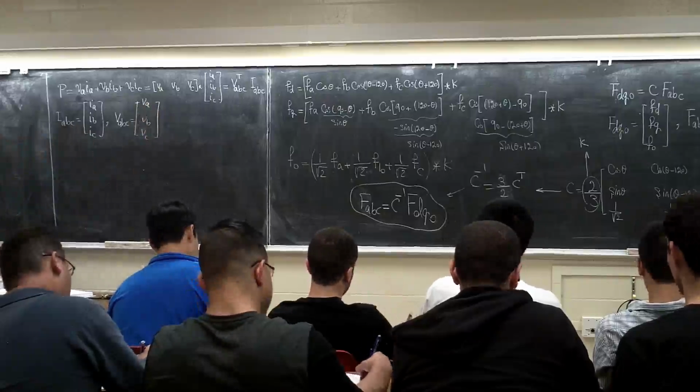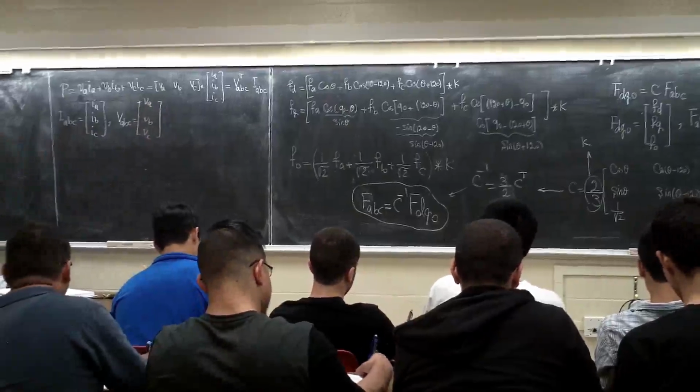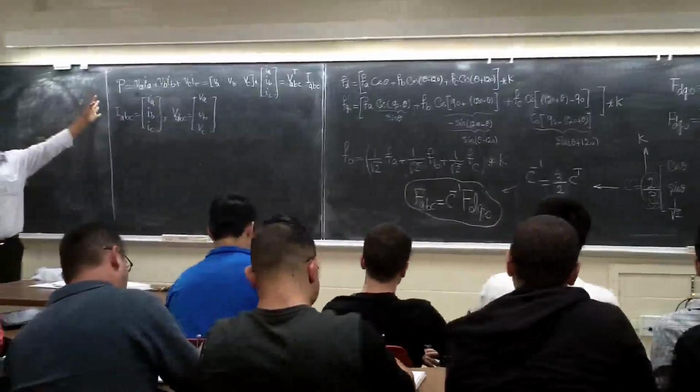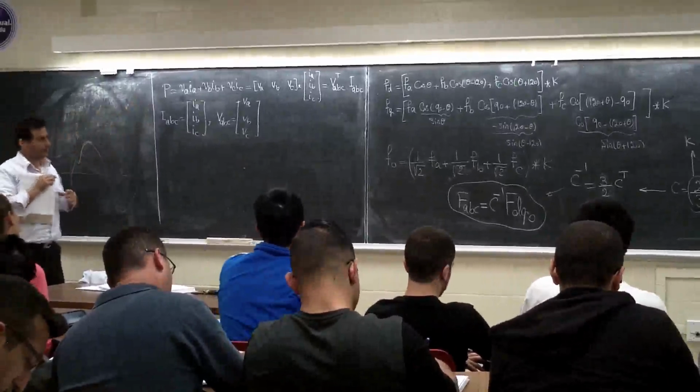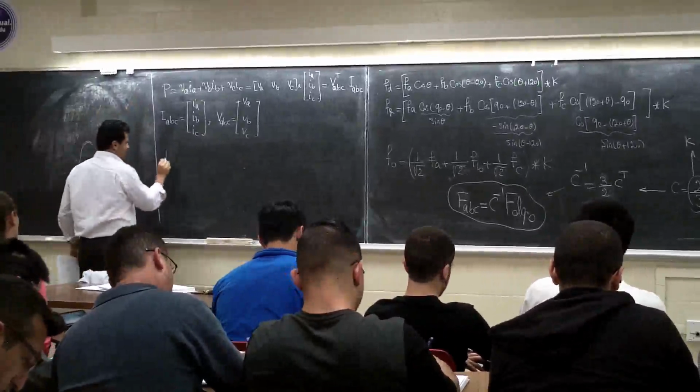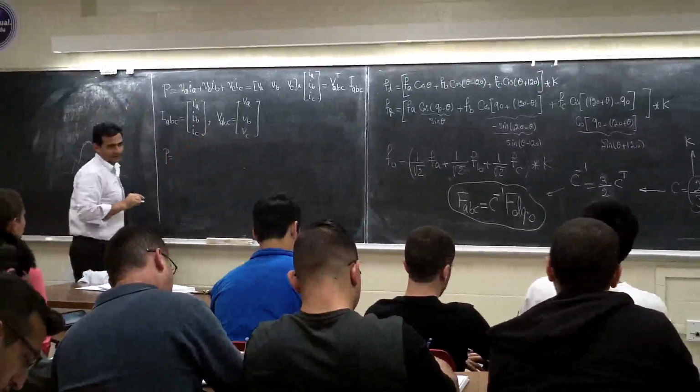I want to calculate my active and reactive power within the DQ system. I know in the ABC system it is like this. I want to calculate them with the DQ system. So P is equal to that, right?